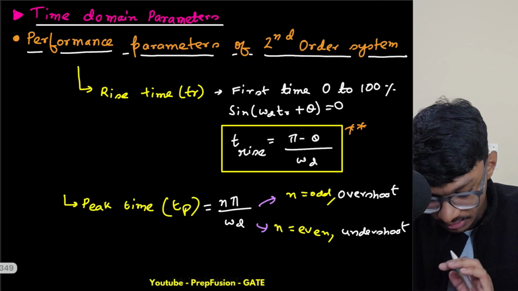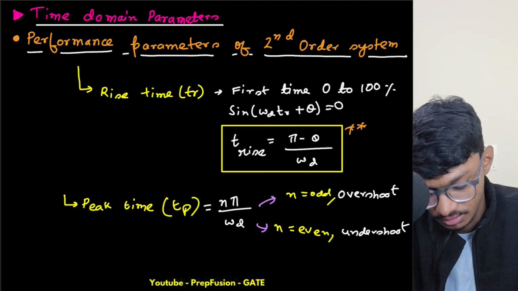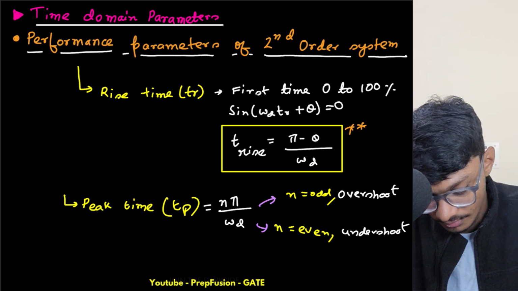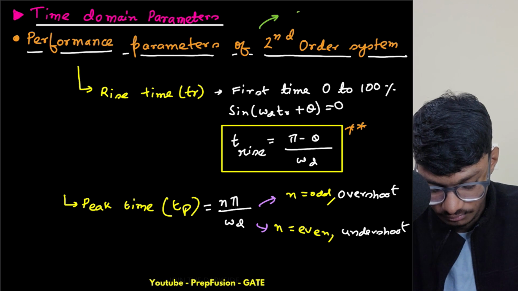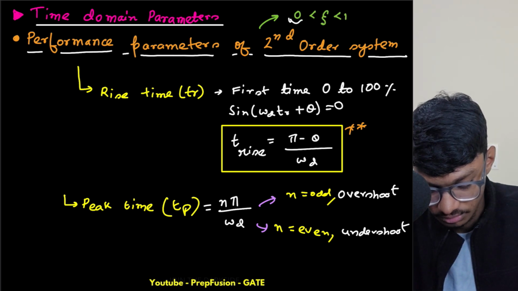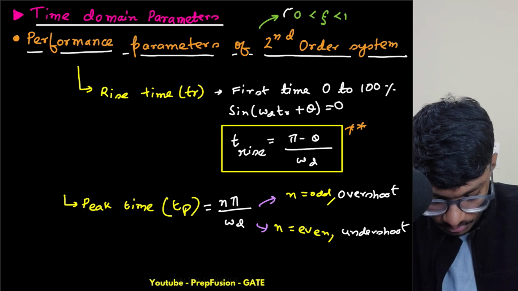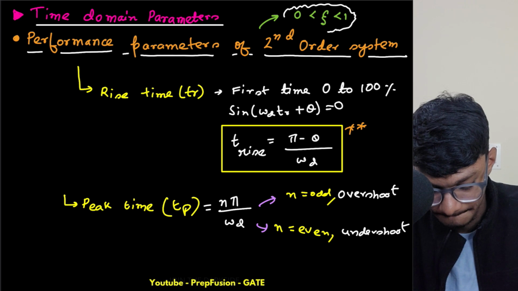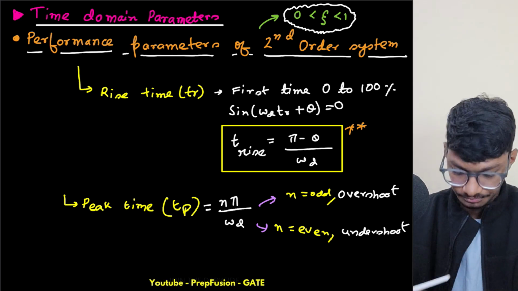Obviously, all these parameters are defined for zeta between 0 and 1.